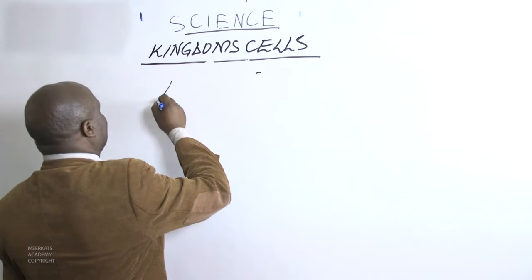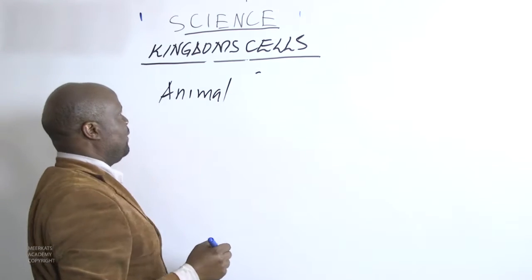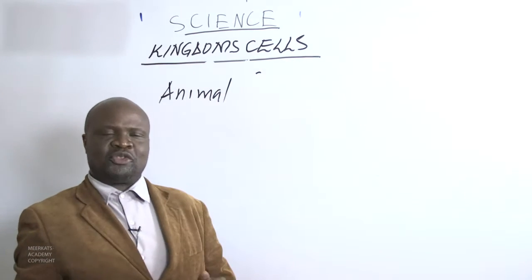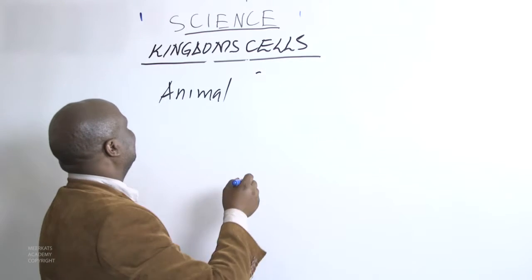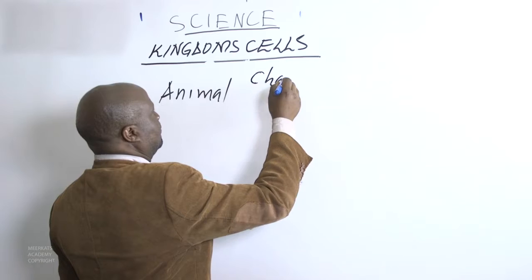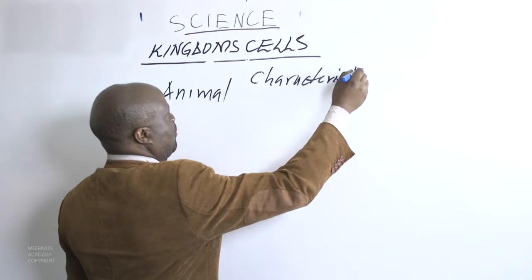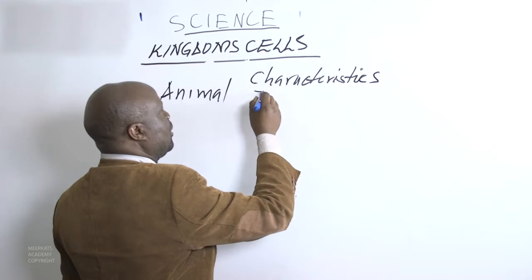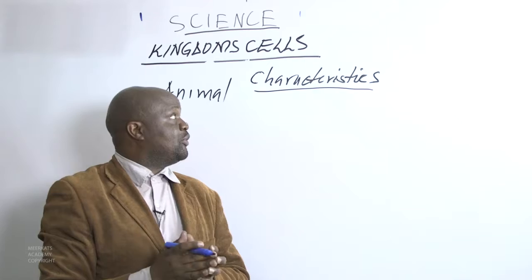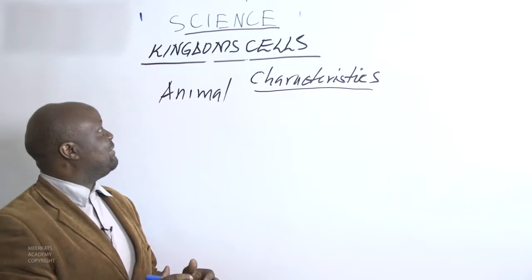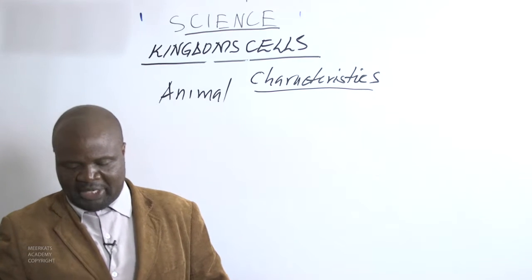Now in the animal kingdom, we want to see the nature of the cell. What is the characteristic? So we are saying when we observe under a microscope cells that are present in the animal kingdom, then these characteristics will be evident.